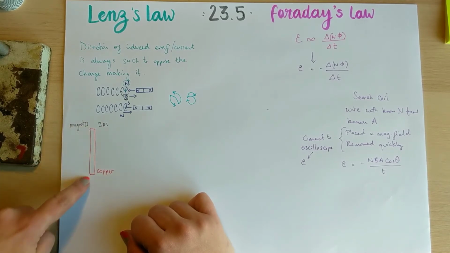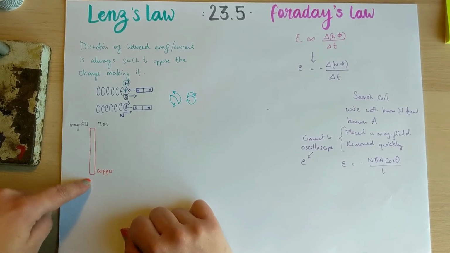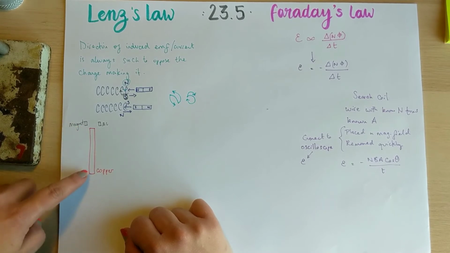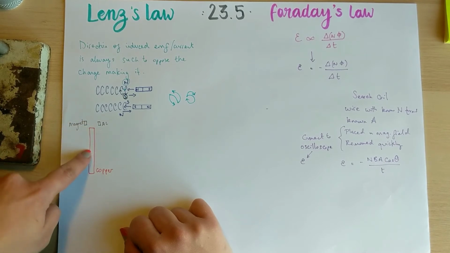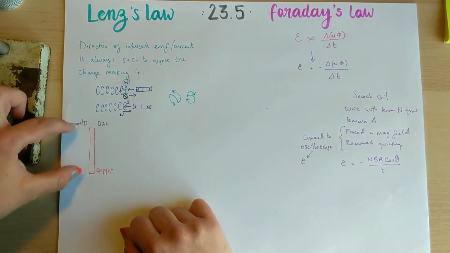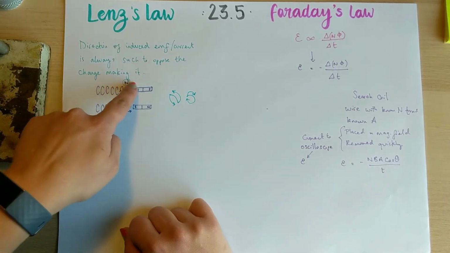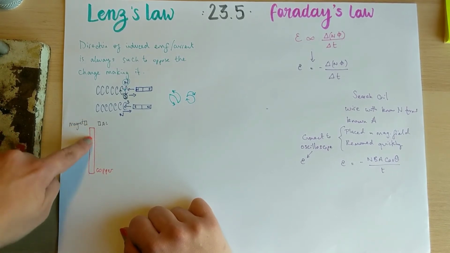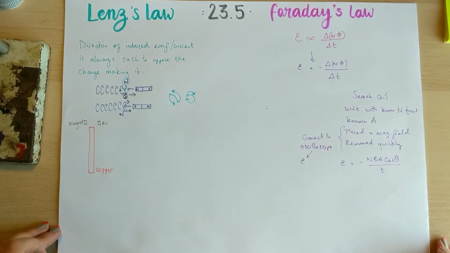The aluminium will fall just under the force of gravity, whereas the magnet, yes, gravity will be pulling it down, but there's also an upwards force. As the magnet falls, it induces an EMF in the copper pipe, and the copper pipe then has its own magnetic field, which opposes the magnet that's falling down. So it falls at a much slower rate. It sounds very bizarre, but like I say, I'll link you a video and you can see it for yourself.